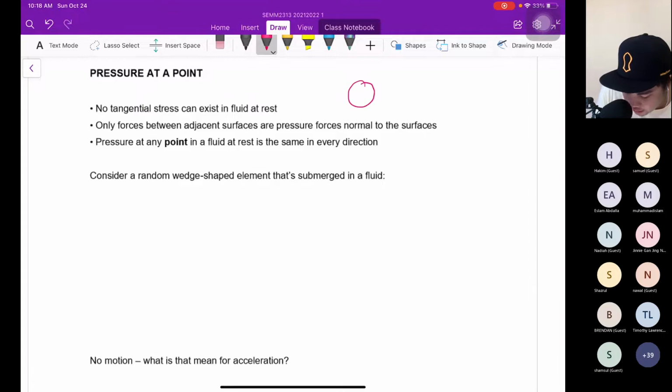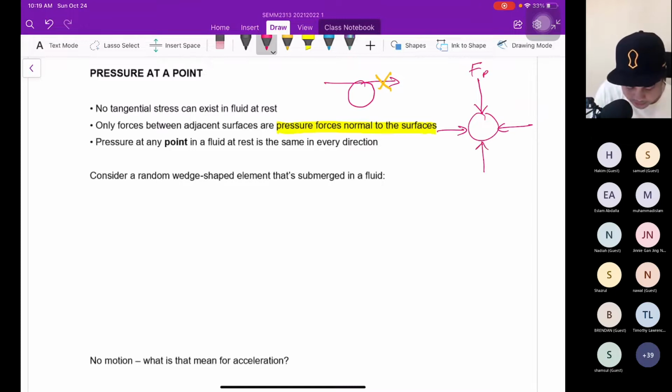This is a particle of fluid. There is no tangential stress like this. Only forces between adjacent surfaces are pressure forces normal to the surface. Normal to the face. Okay, this is force due to the pressure.